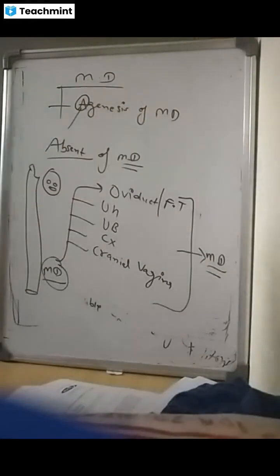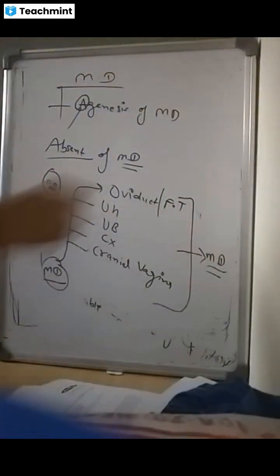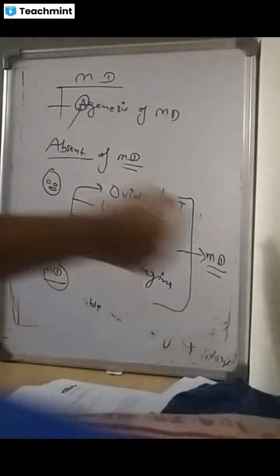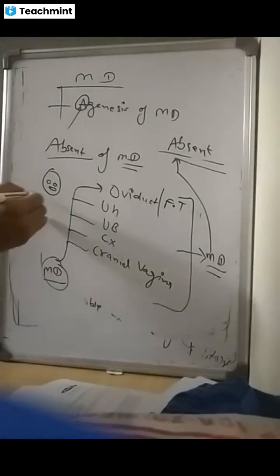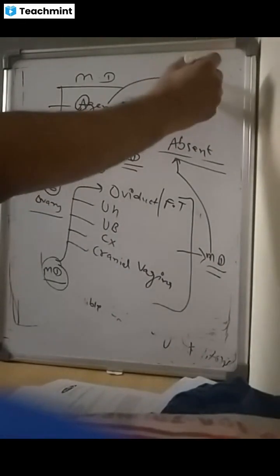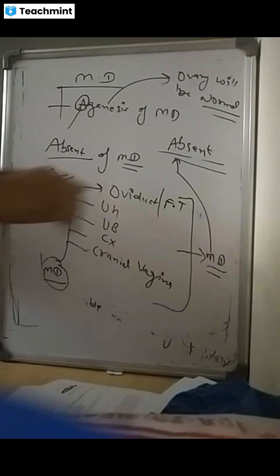If there is agenesis of the Mullerian duct, it means it is absent. So if we remove this duct, these structures will be absent. But the ovary, in agenesis, is normal and healthy, because it is not of Mullerian origin.